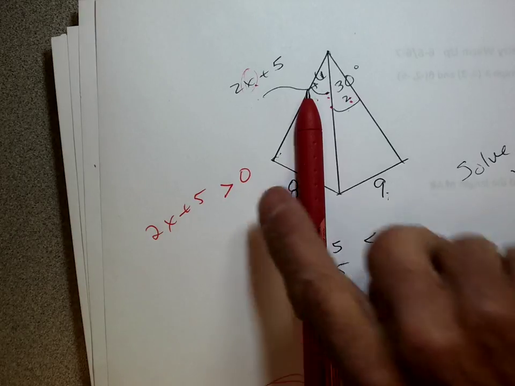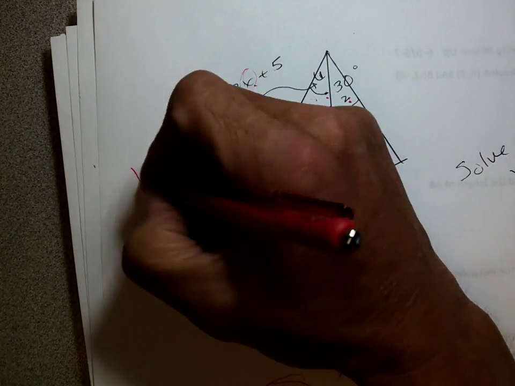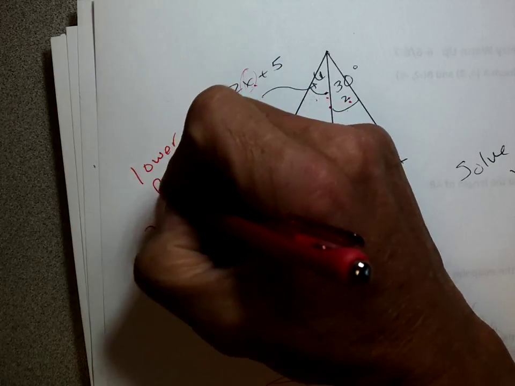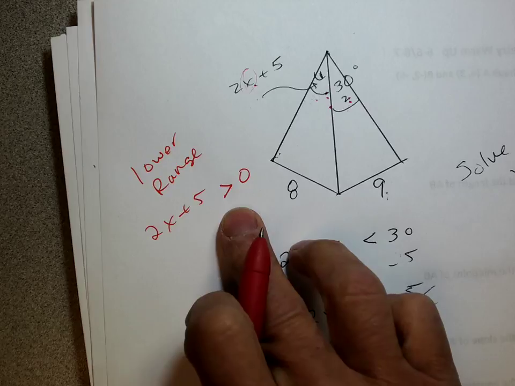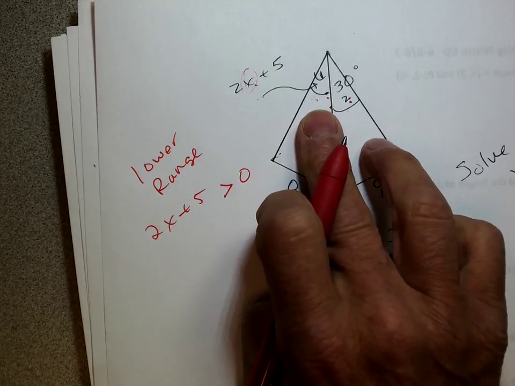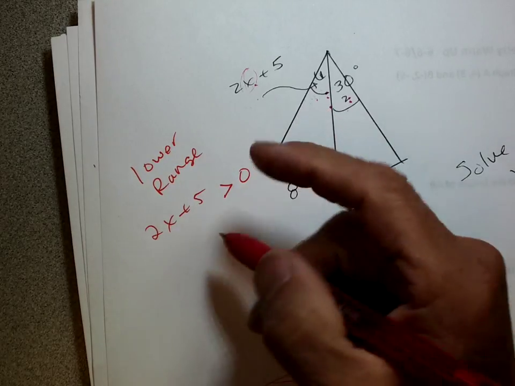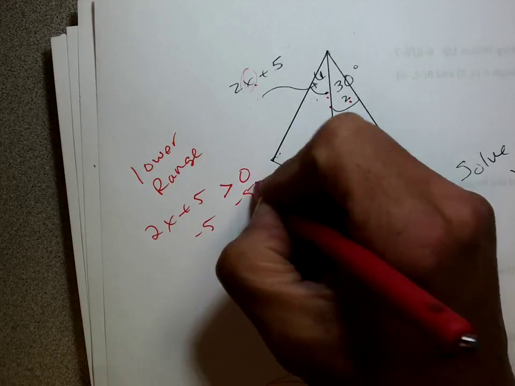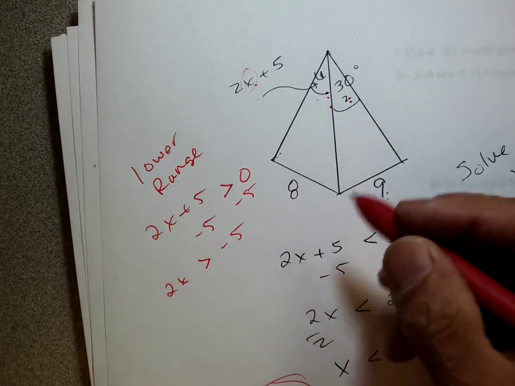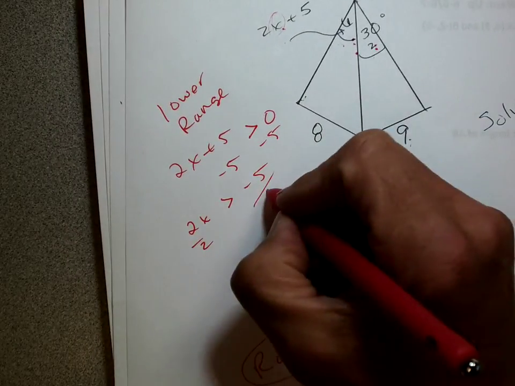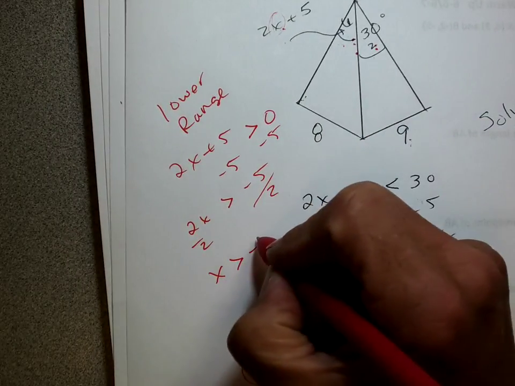So let's find the lower range by making sure it's greater than 0. An angle cannot be 0 degrees. So let's solve. Minus 5, minus 5. 2x is greater than negative 5. Divide by 2. x must be greater than negative 2.5.